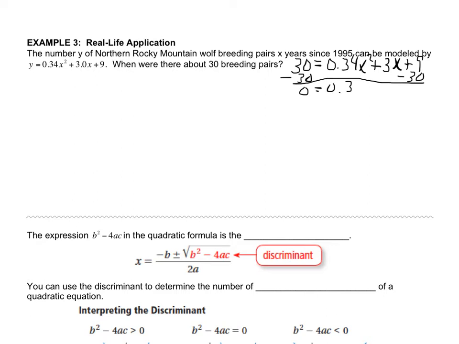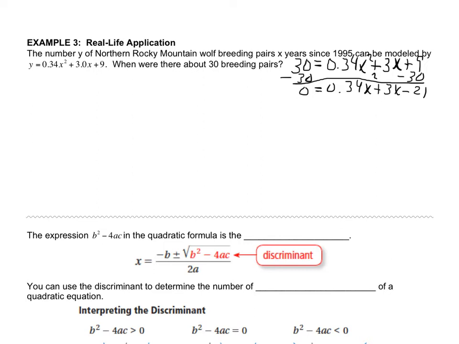So the function that we're actually going to be putting into the quadratic formula is this one right here, which is a little bit different than the one that we started with. But this function has now been reset for the 30 breeding pairs. So now we don't have the initial C. We have a new C with the A and the B still being the same.